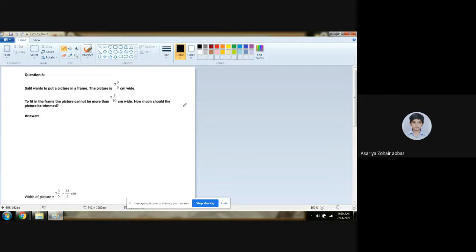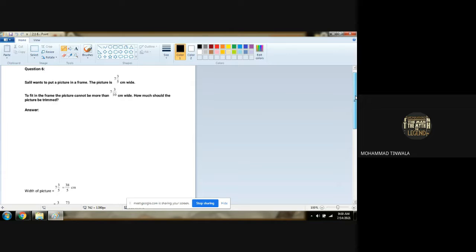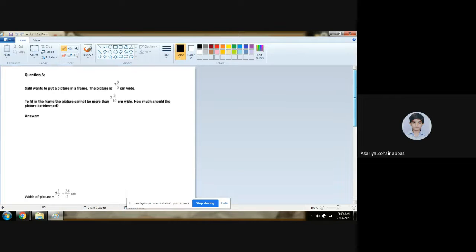Question number 6. Salil wants to put a picture in a frame. The picture is 7 integer 3 upon 5 centimeter wide. To fit the frame, the picture cannot be more than 7 integer 3 upon 10 centimeter wide.